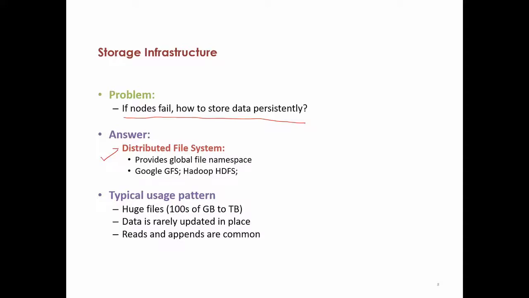Why do you need a distributed file system? Because as we discussed in our architecture, our CPU, memory, and disk are all distributed. It is not like all the disk space is there in one node. There are such systems also, but that is not the system we are looking at. We are looking at a distributed storage system.